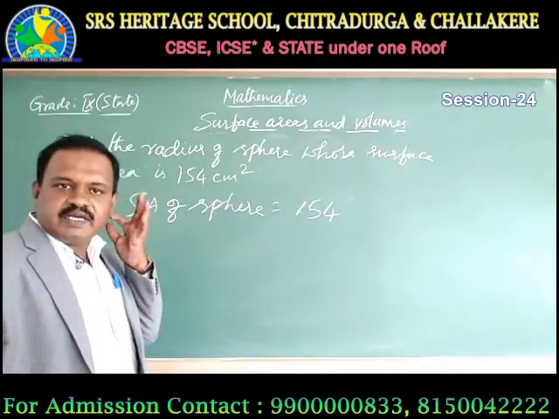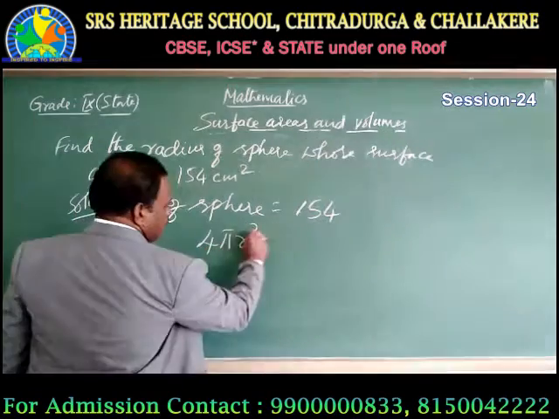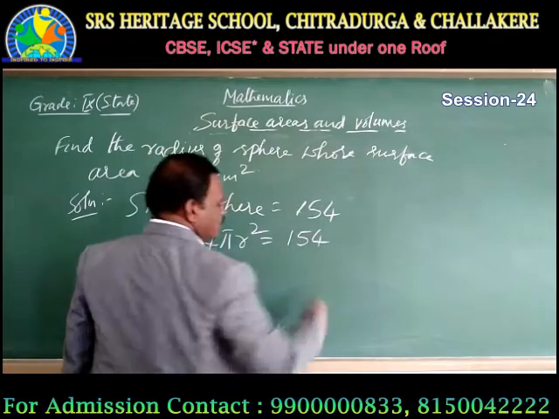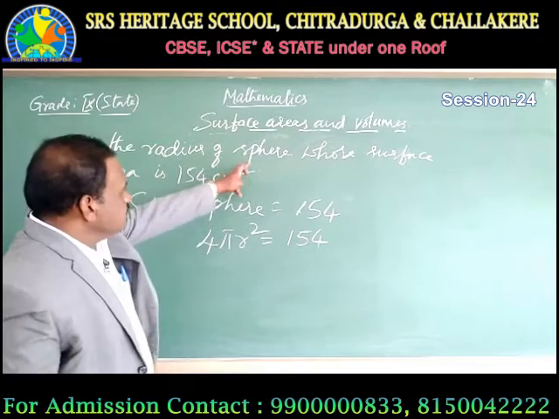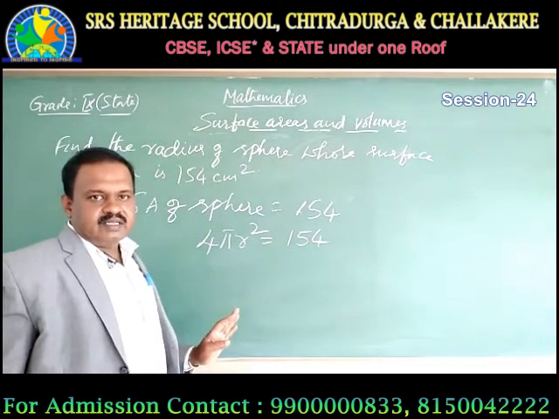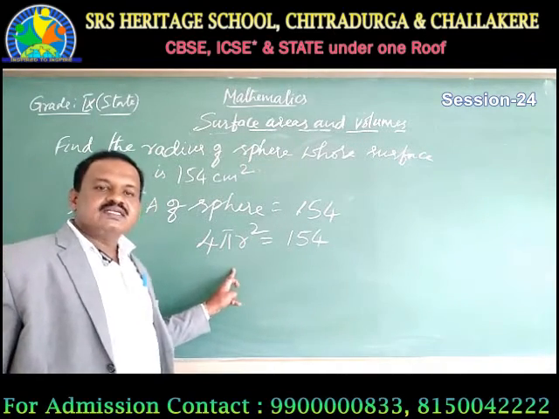What is the surface area of a sphere? The surface area of a sphere is 4 pi r square, that is equal to 154. See here, in this problem, they are not mentioning the value of pi. That means you have to take the value of pi as 22 by 7.